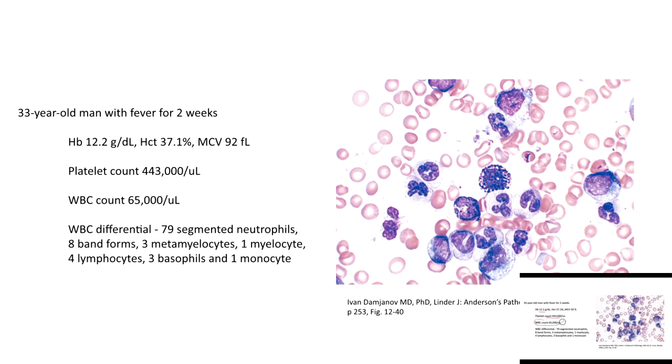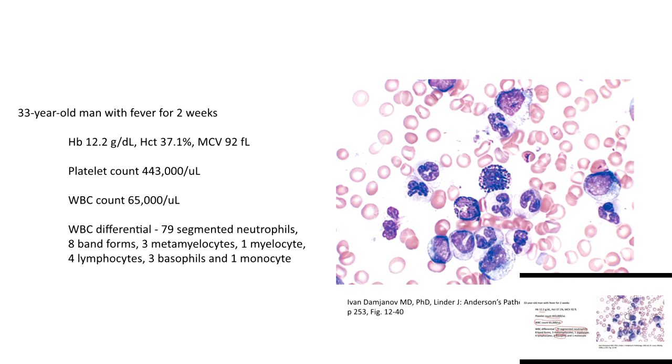But this is interesting. The WBC count is high, and most of these seem to be mature neutrophils. There are some earlier forms, the band forms, metamyelocytes, there's also myelocytes, and interestingly more basophils than we usually see.